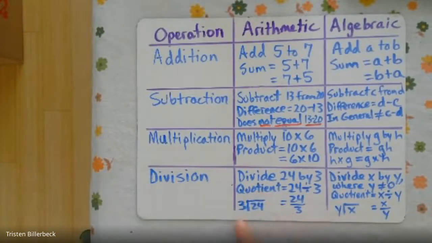And the bottom dog has to be outside. Okay? So divide x by y, where y doesn't equal 0. So the quotient equals x divided by y. So we can write this as a fraction, x over y. And again, top dog goes in the house. The bottom dog is outside.